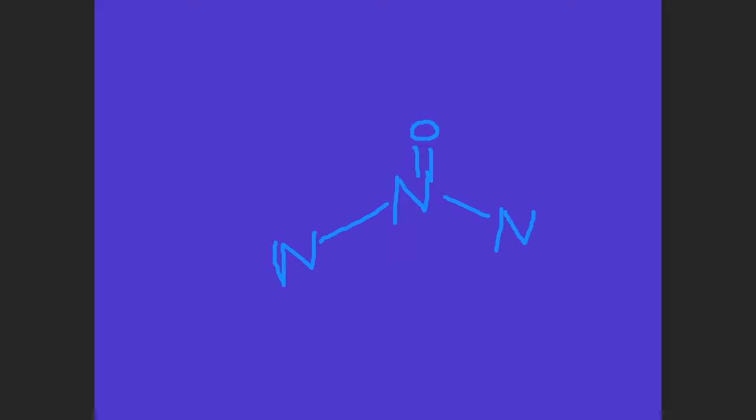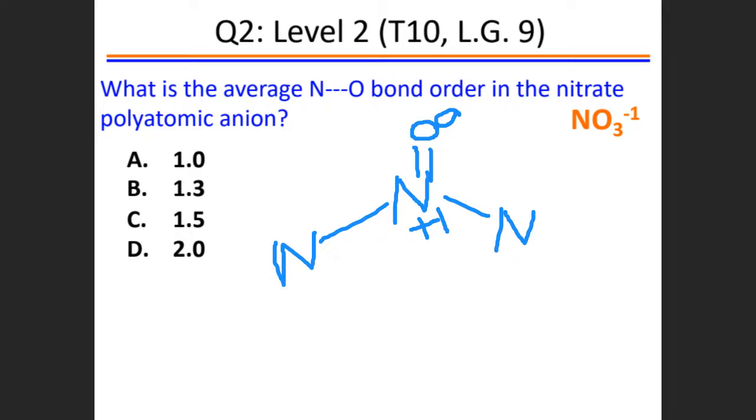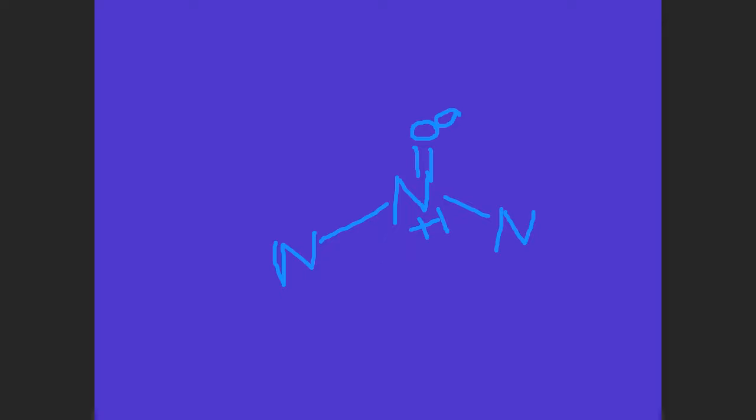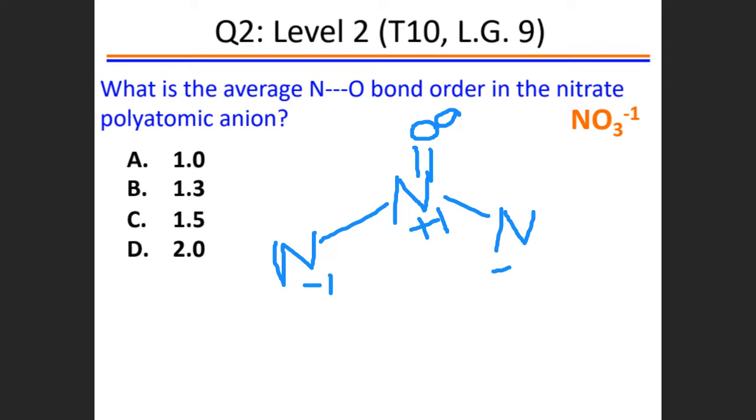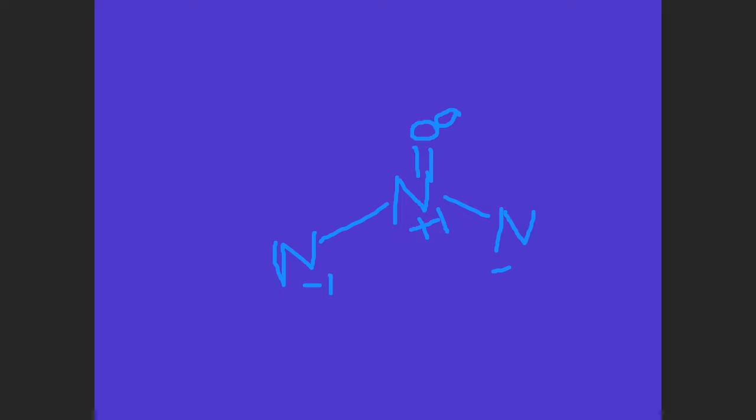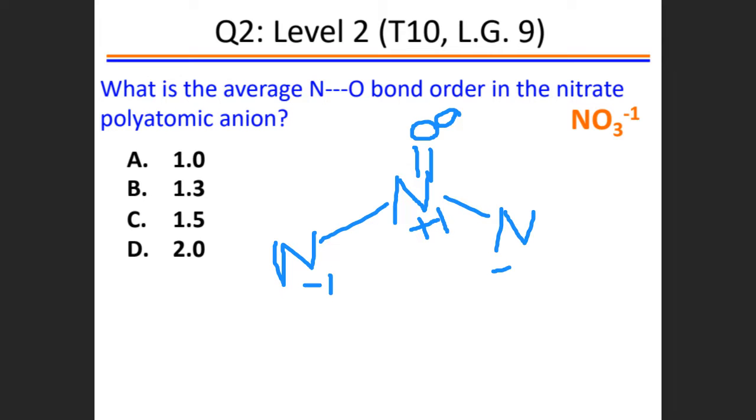So there we have 0. Here we have +1, and here we have -1. Just a minute, I made a little mistake again. This is oxygen, correct? -1, +1.